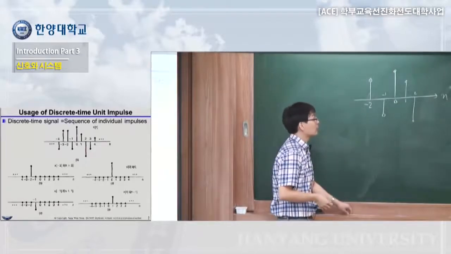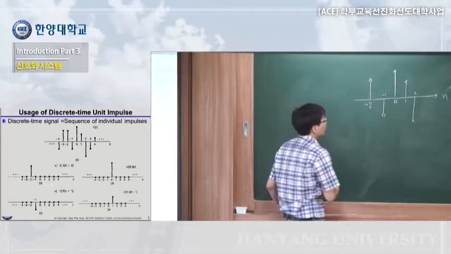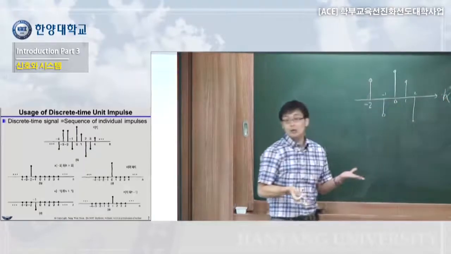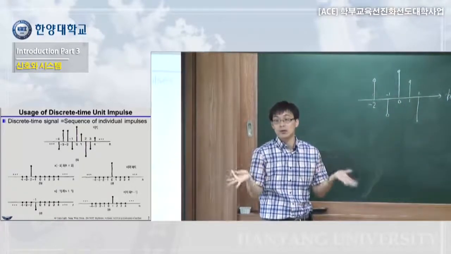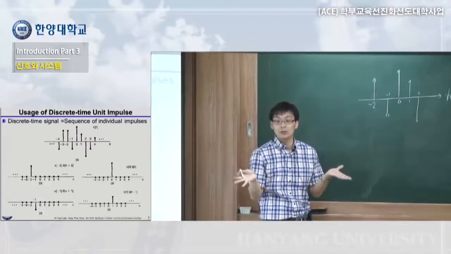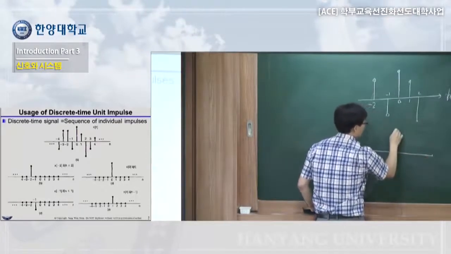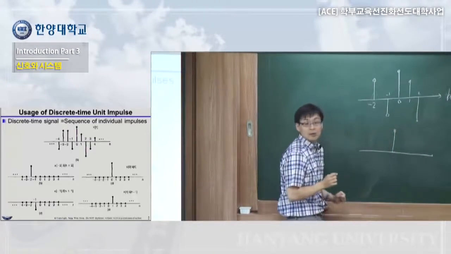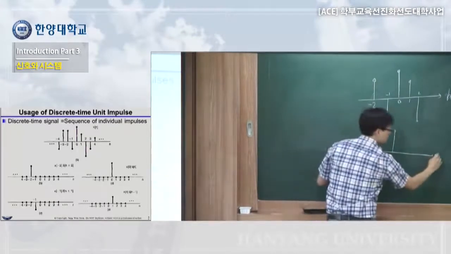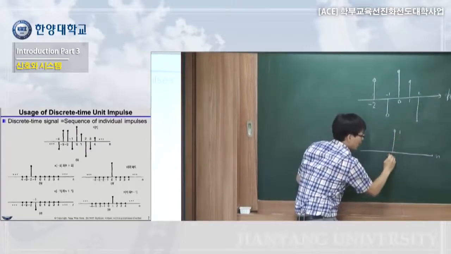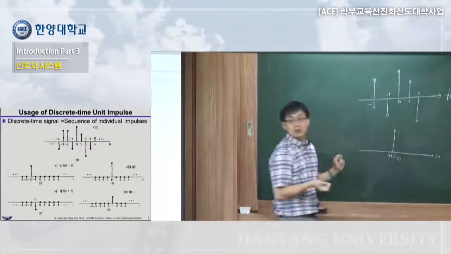One way you can do here is, let's rephrase this n as k. n is an integer, k is an integer, so it doesn't matter, we just change the variable. And let's introduce the delta function. What is the delta function in discrete time? It is 1 only at 0.